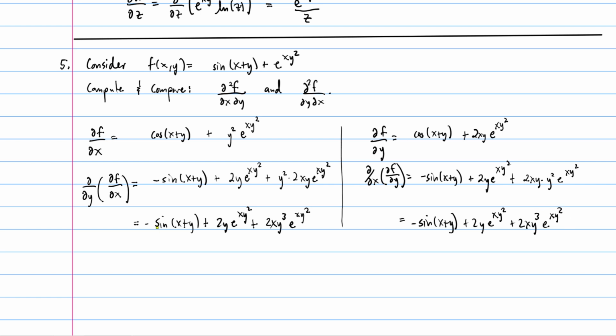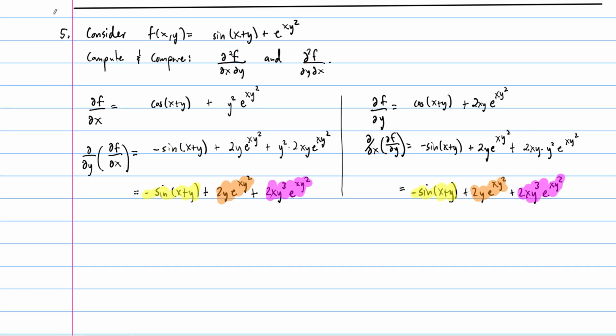We've done the compute, now we compare. Sine of x plus y on both of them, right? 2y e to the xy squared, both of them. And then 2xy cubed e to the xy squared, both of them. So these are exactly the same. So for this example, these do equal each other, right? For this example, or for this function, we can say.